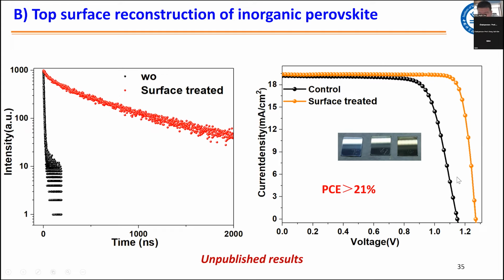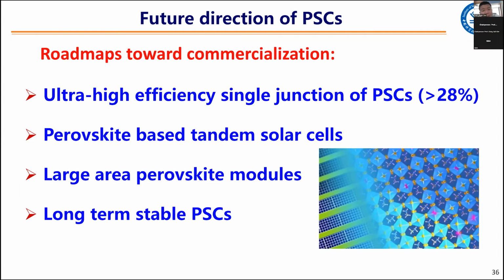We can get close to 1.25 or 1.26 volts, and for the inorganic perovskite solar cell, we can get over 21% efficiency. I'm not a good expert at predicting the directions. I think UNIST is the leading institute in this area.